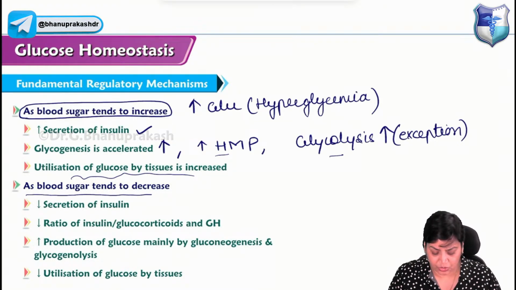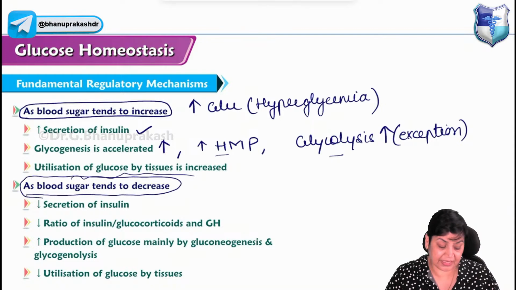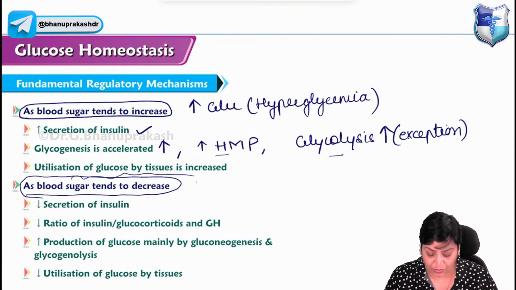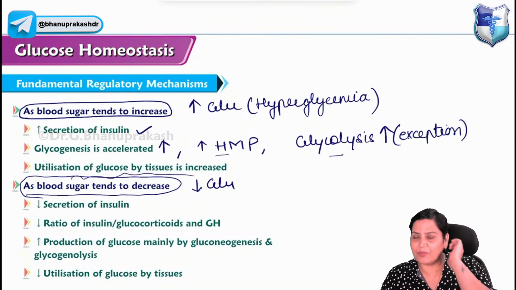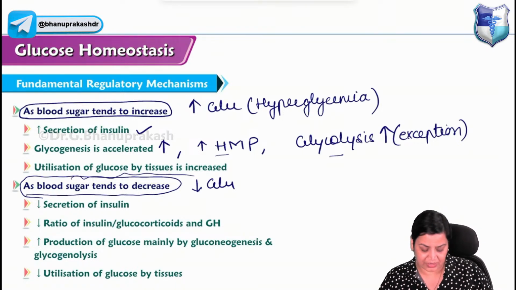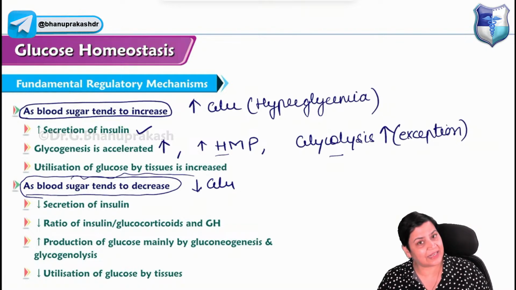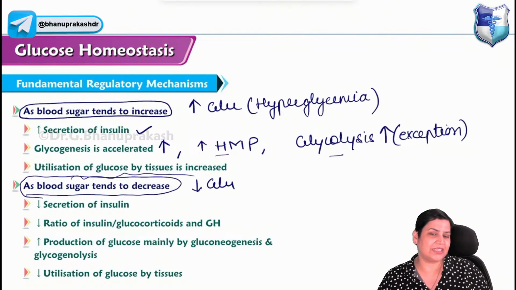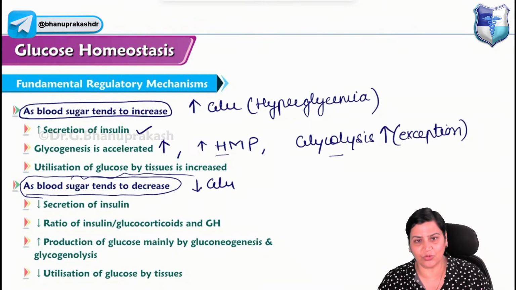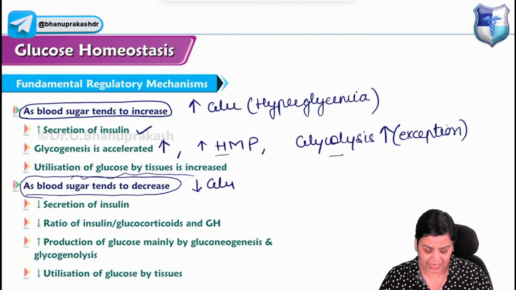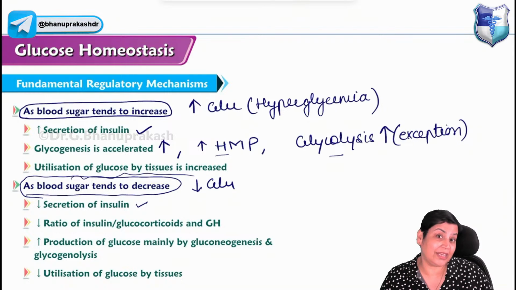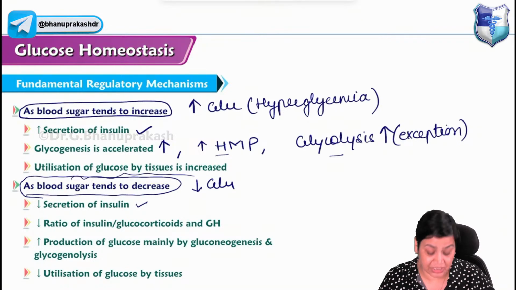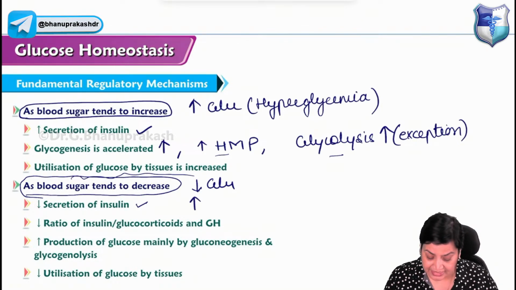And if blood sugar tends to decrease, that is, the condition is hypoglycemia, now the body is craving for glucose because the concentration of blood sugar has decreased. So the processes which lead to the formation of glucose will be accelerated. Secretion of insulin will now decrease, and increased secretion of glucagon will be there.